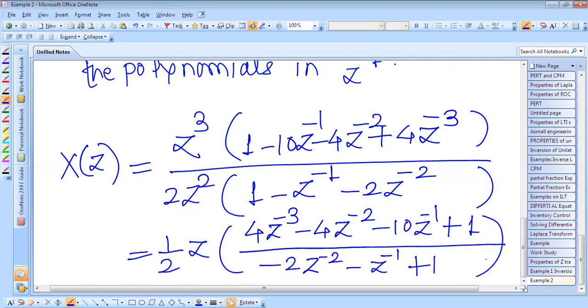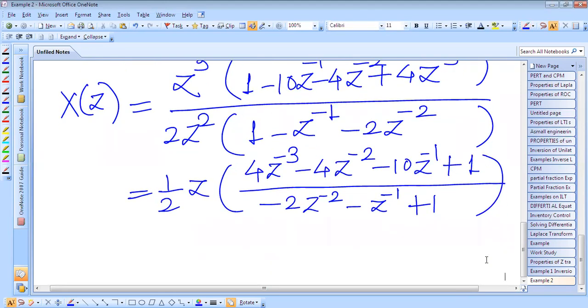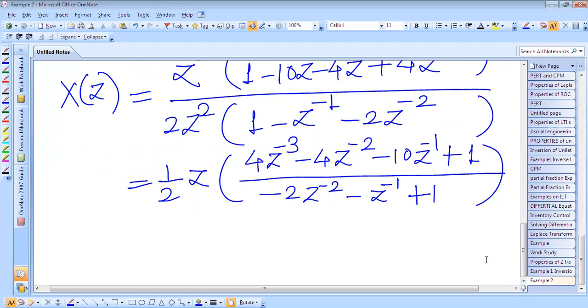Okay, so this is X(z) after converting into the ratio of polynomials of z raised to power -1. There are two factors here, this is the first factor and this is another factor.